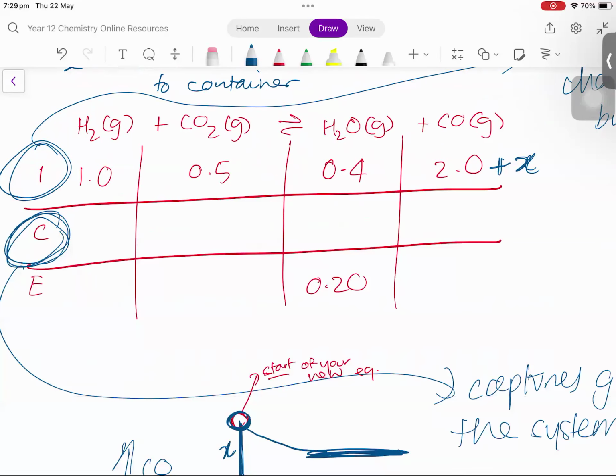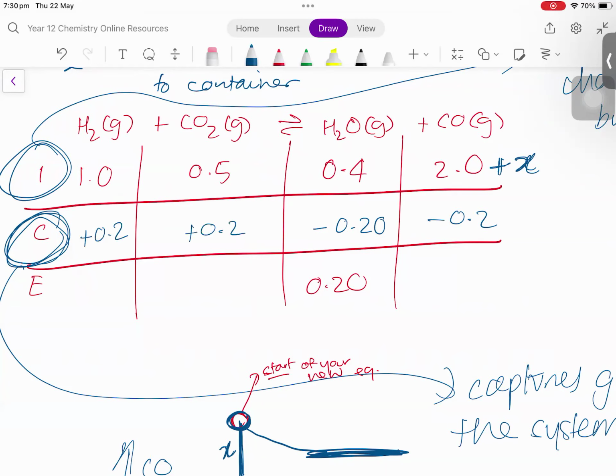So then we fill out the rest of the ice table the same way. We now know where X is. H2O is 0.4, it went to 0.2, so the change is minus 0.2. Any change on the same side has the same sign, so CO is also minus 0.2. Any change on the other side has the opposite sign, so H2 is plus 0.2, CO2 is plus 0.2.